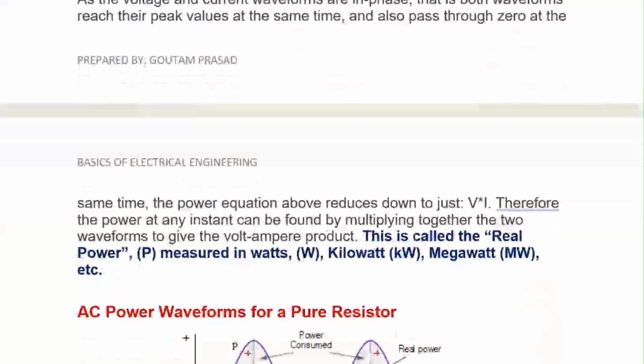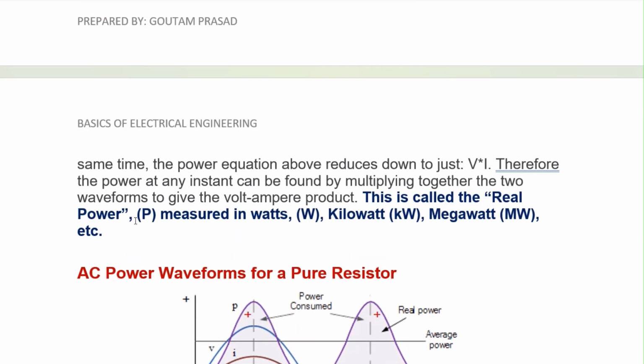This is very important to remember: this power is called real power, because this power gets dissipated in the resistance, whatever material it is made of. The power in the circuit gets dissipated in the material of the resistance itself.